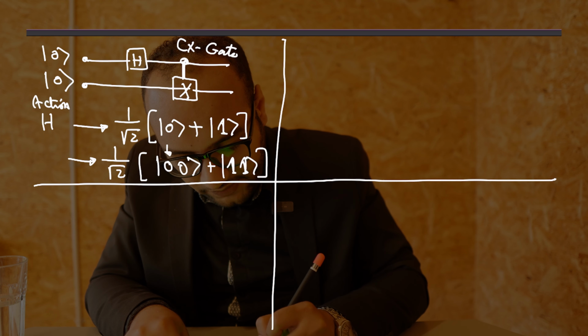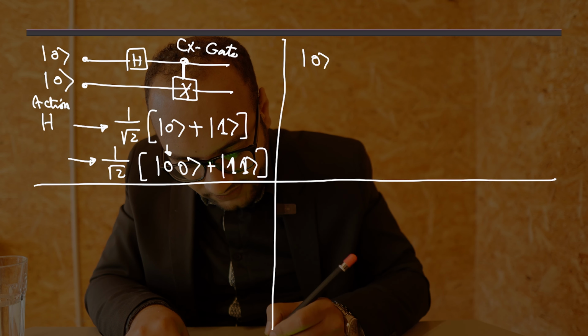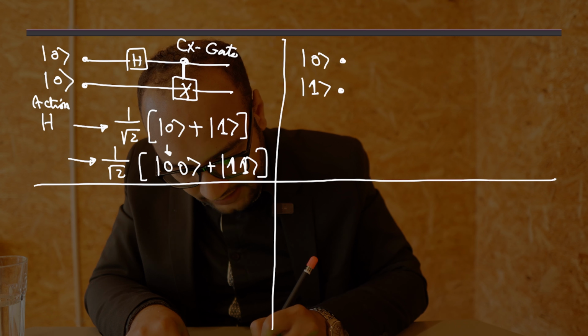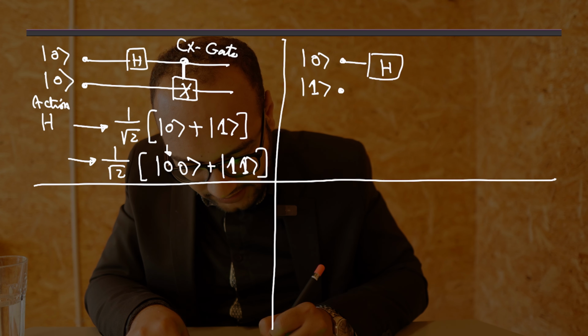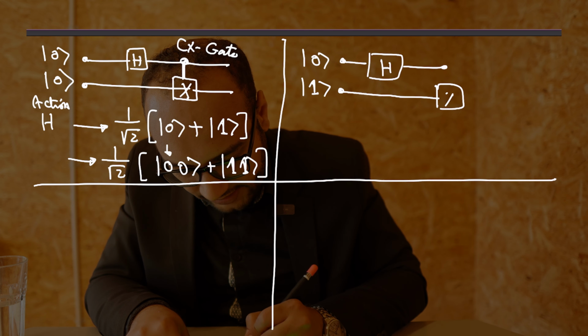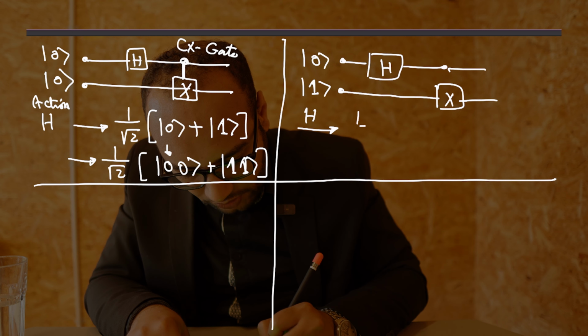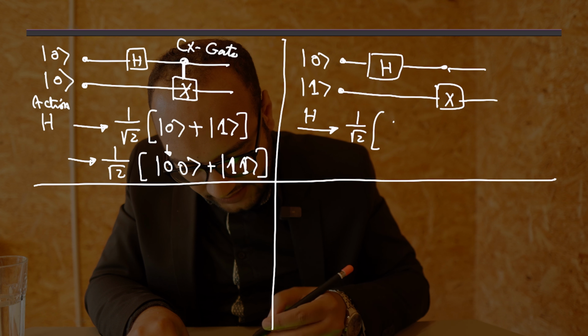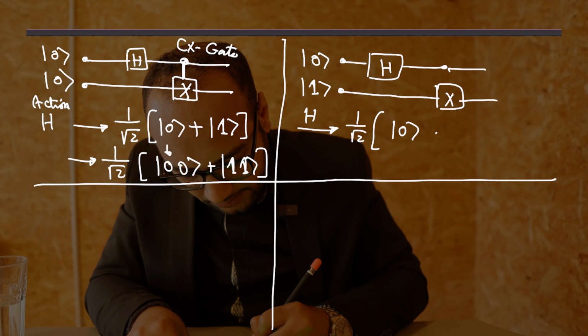Let's now initialize them differently. We initialize them where the first qubit is initialized to 0 and the second is initialized to 1. And let's apply our Hadamard gate and our CX gate. The action of the Hadamard gate will do the same. I know that the Hadamard gate, when it acts on ket 0, puts the state in a superposition of ket 0 plus ket 1.